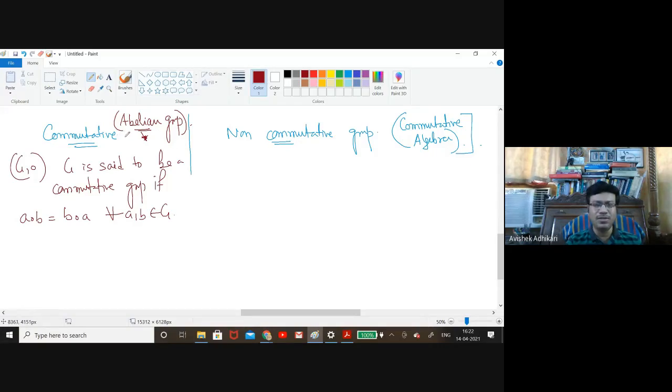He had no idea about the axiomatic definition of groups. He only dealt with permutations, and afterwards a famous mathematician, whose name I will give you in detail, named the commutative group after Abel. So abelian and commutative, with respect to this commutative property, are used interchangeably.